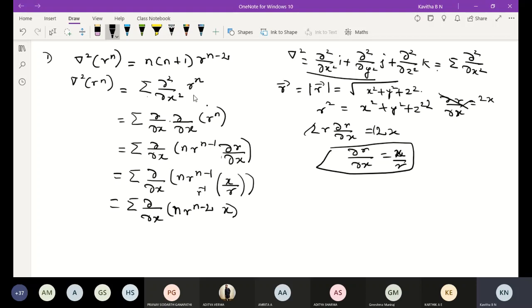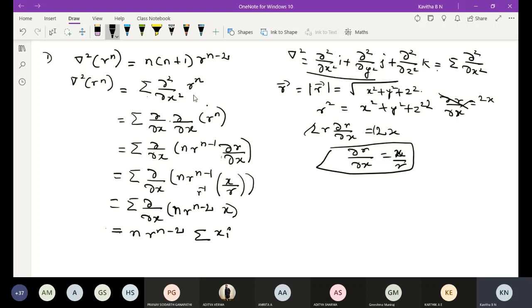Then next step, okay, next here, take n outside of the summation, and r to the power of n minus 2, this one, summation of xi we are writing.